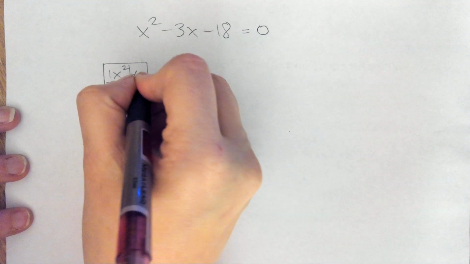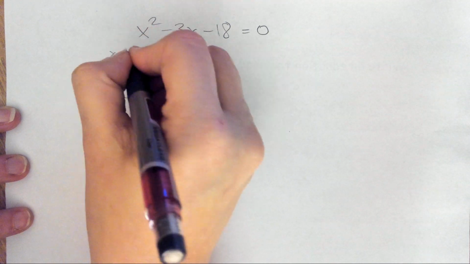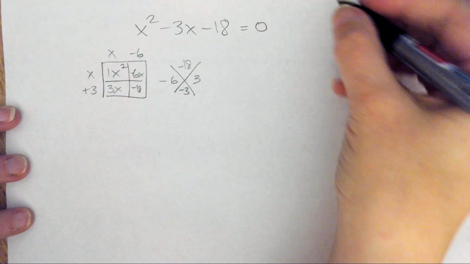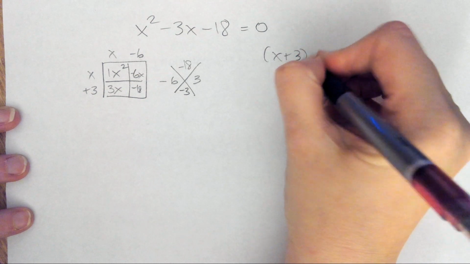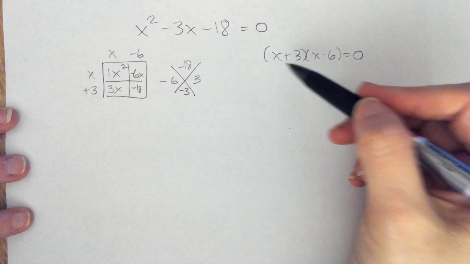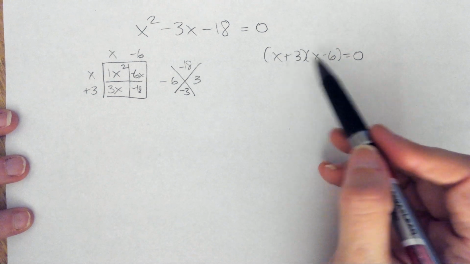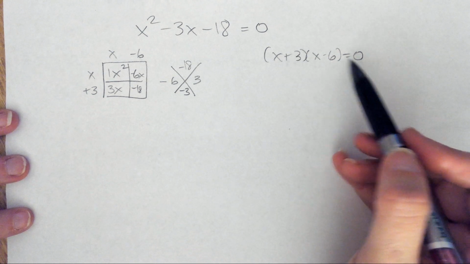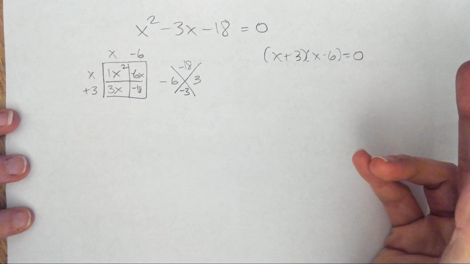So I have negative 6x, 3x. That means I have x plus 3, x minus 6. So now I know that x plus 3 times x minus 6 equals 0. And remember, the zero product property says that if I have two unknowns that multiply together to get 0, I don't know which one of them was 0, so I have to solve and see what would make that true for either case.